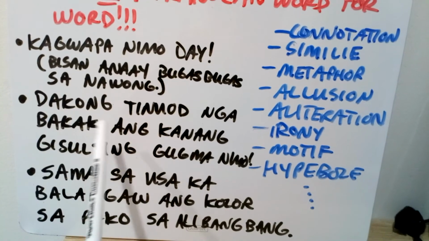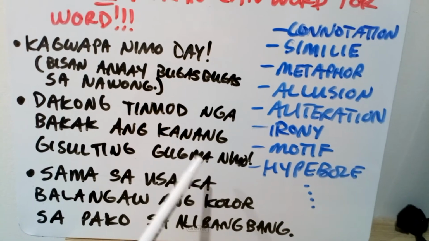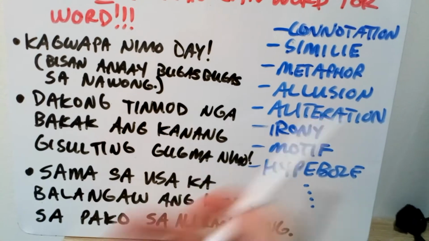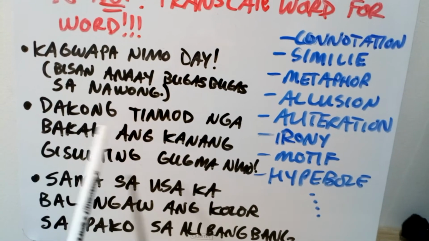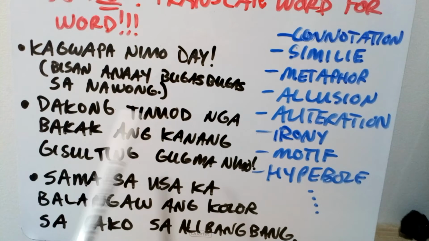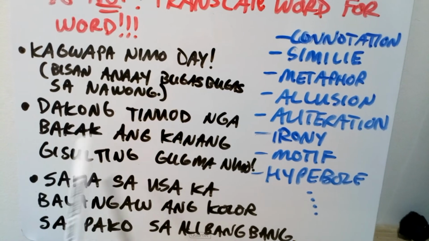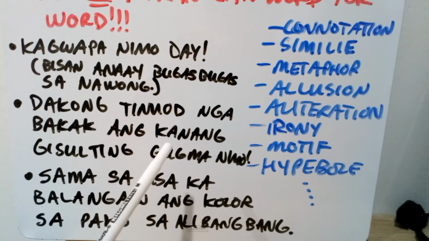The next one is, "Dakong tinuod nga bakak ang kanang gisulting gugma nimo," right? So this one you can tell, because why would truth and lies be in the same sentence when they contradict each other? And this is being said in a sarcastic way.